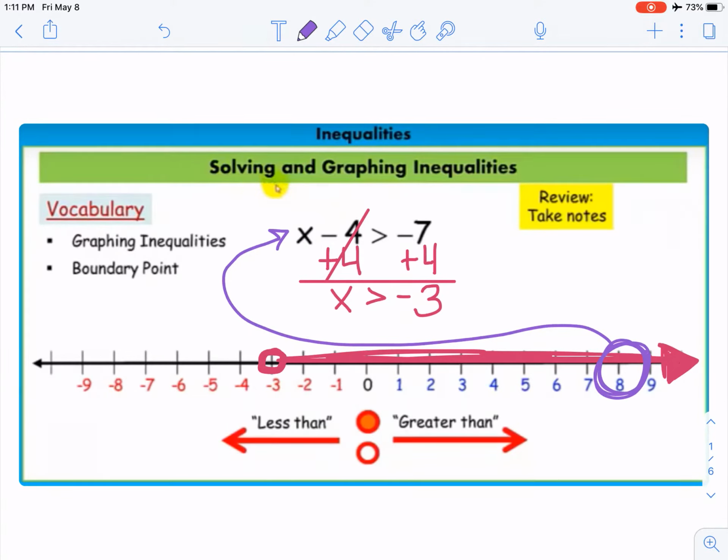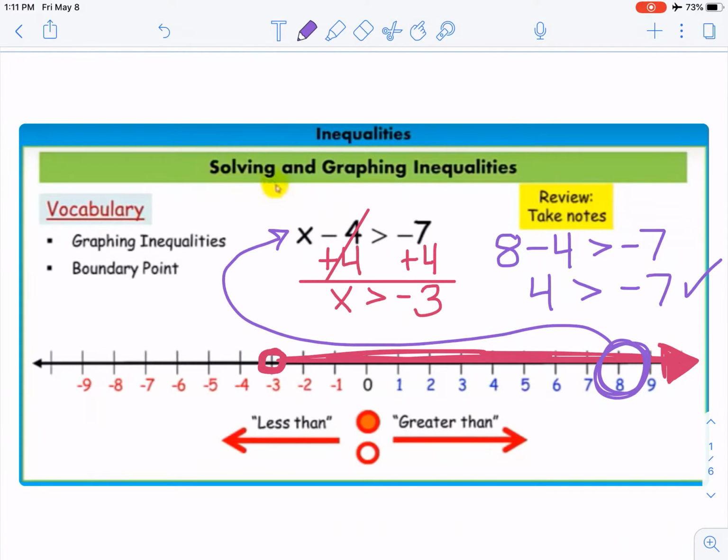Not just say 8 is greater than negative 3, yay, I'm done. I need to check in my original to make sure that in my rearranging I didn't make any mistakes. So I'm going to say 8 minus 4 should be greater than negative 7. 8 minus 4 is positive 4, which is larger than negative 7. A positive 4 is a bigger number than negative 7. So this check has worked.